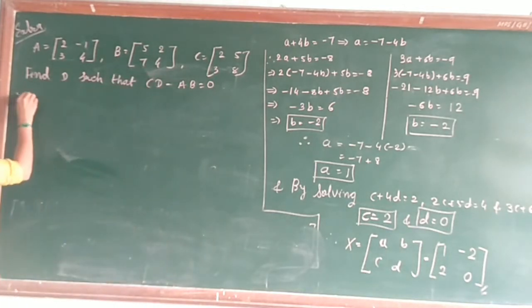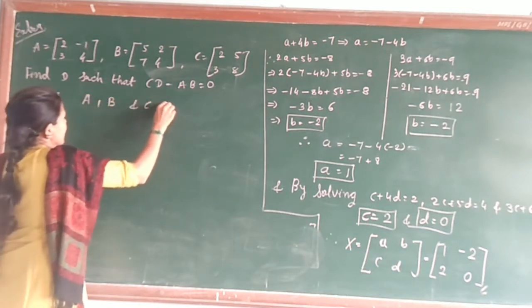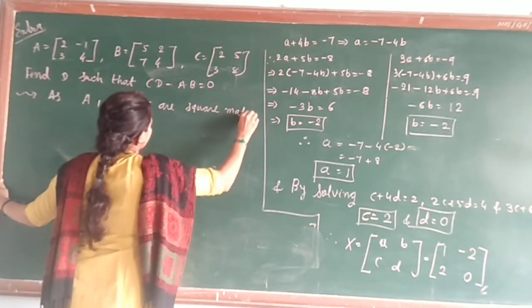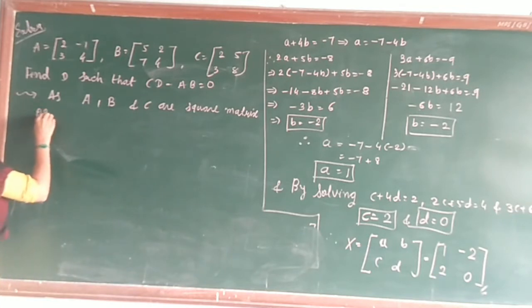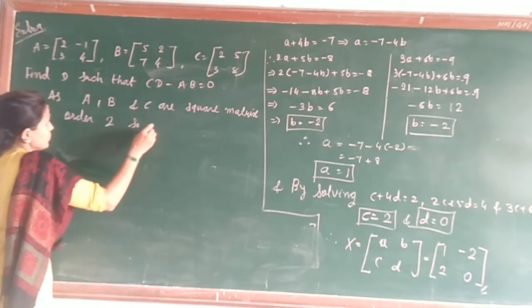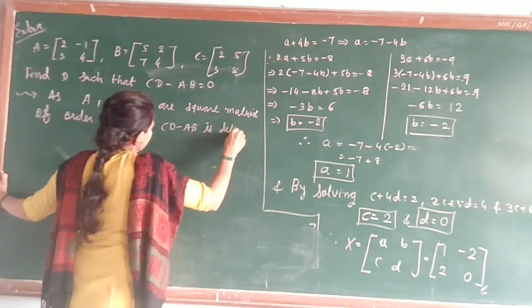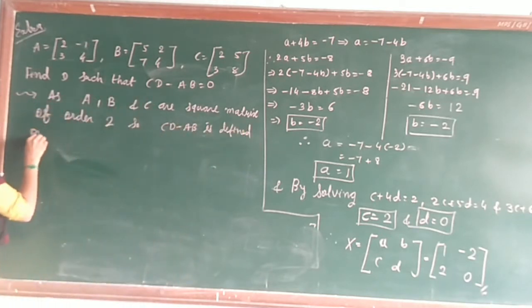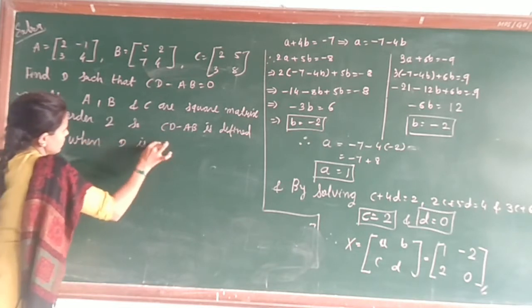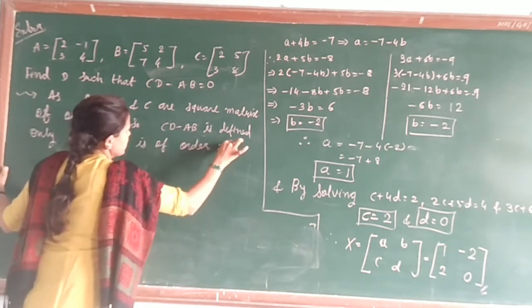So here we should write down first: as A, B and C are square matrices of order 2, CD minus AB is defined only when D is of order 2 by 2.